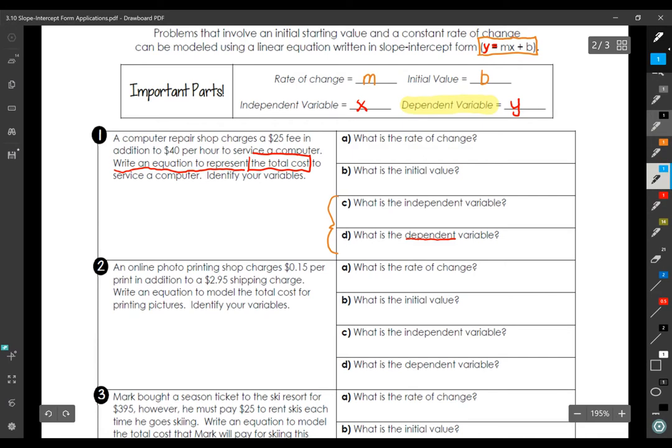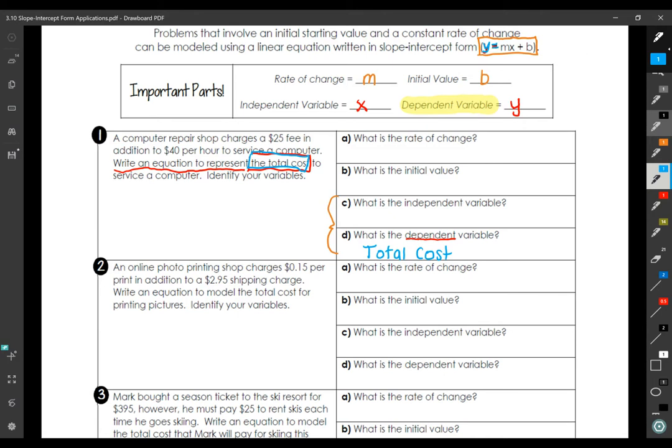So we want an equation that represents total cost. This makes total cost our dependent variable. That is going to be the subject of our equation, so total cost is going to be isolated on one side of our equation.